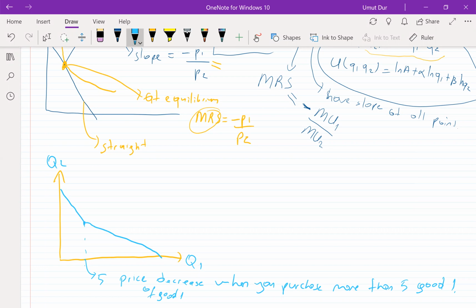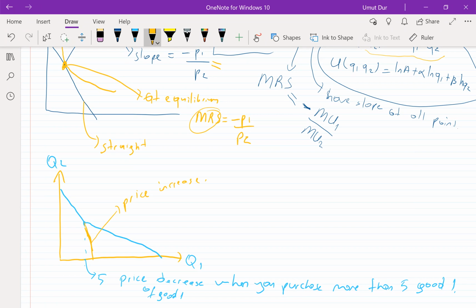Or it may be just the opposite, so it may be steeper here, which does not make that much sense, but it may be the case. The price increases. So we may have kinked budget lines.